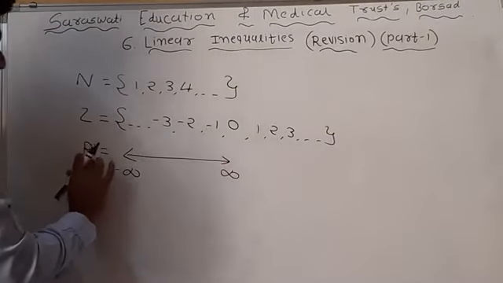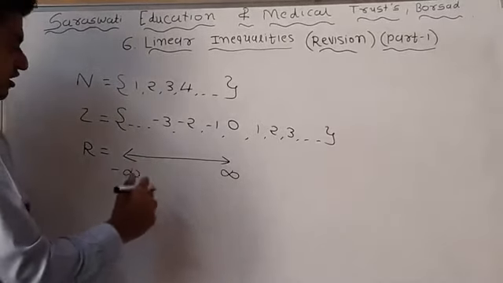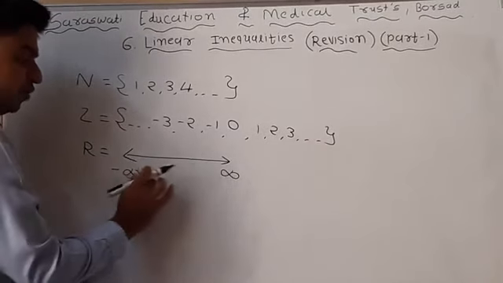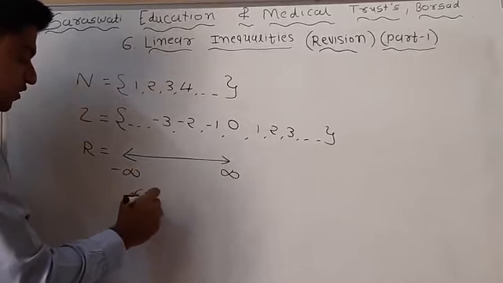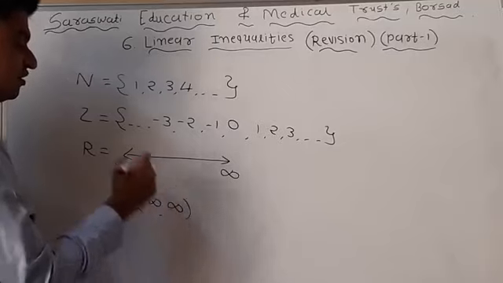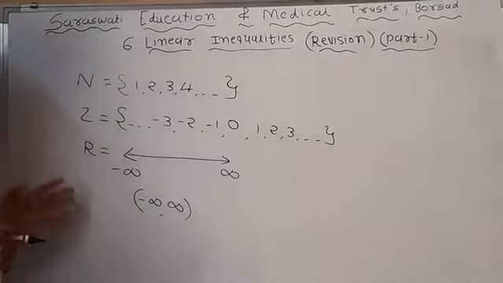So real numbers are represented on the number line. Always remember, infinity is represented in open interval form. So here we write minus infinity and here infinity.